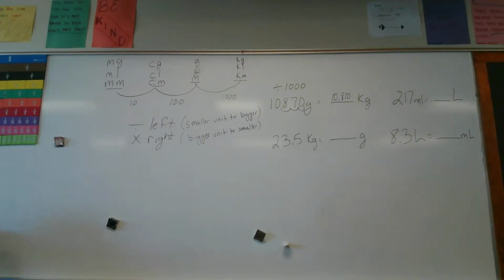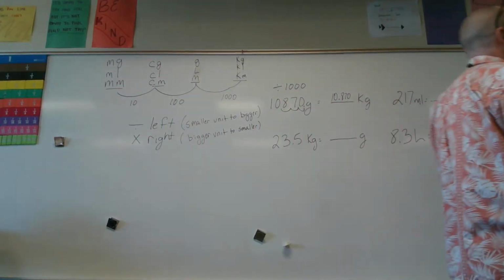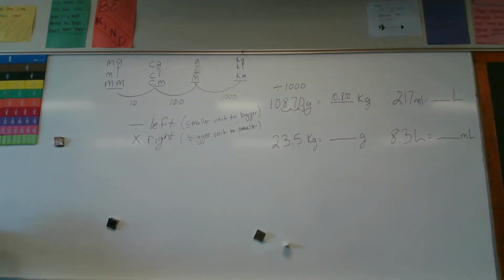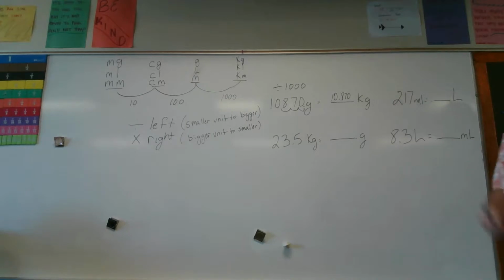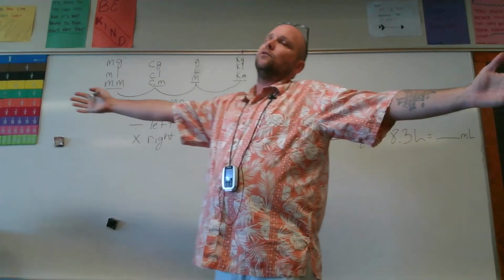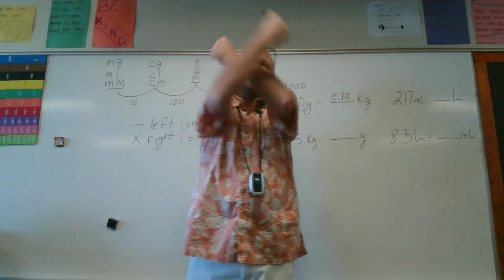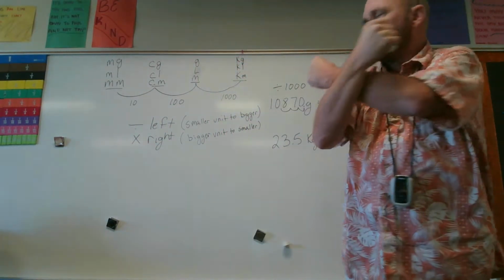Next, we have 23 and 5/10 kilograms equals blank grams. Gage, which is bigger, kilograms or grams? Kilograms. And kilograms is the one we know, so we're going from kilograms to grams, which means we multiply.